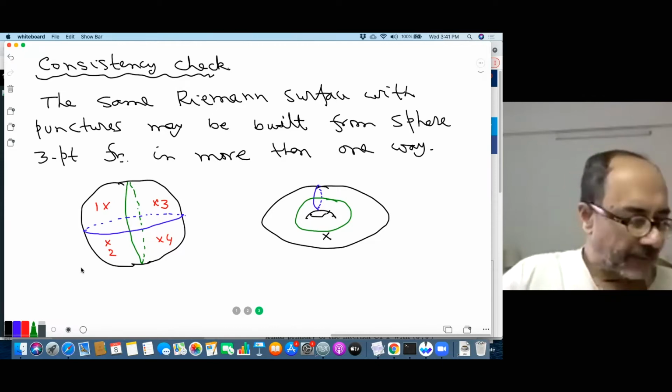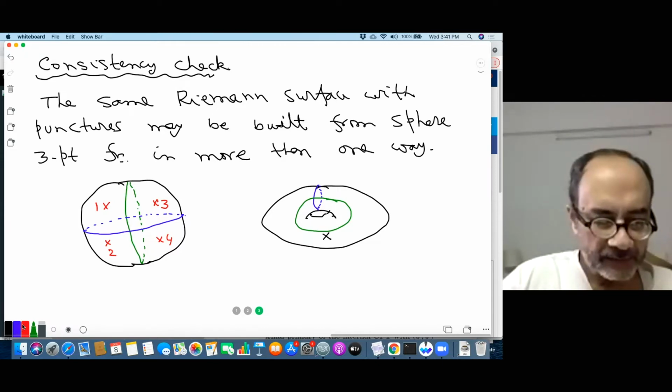So this consistency is part of the consistency requirement of CFT.